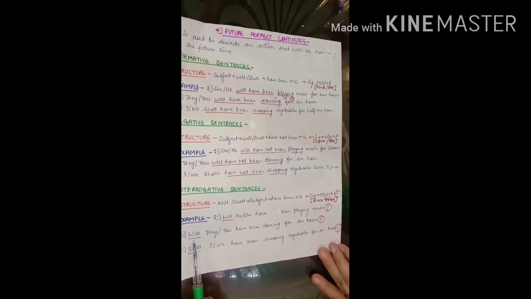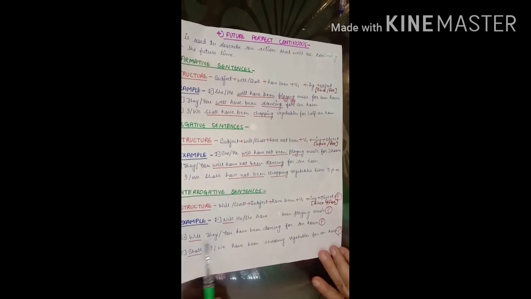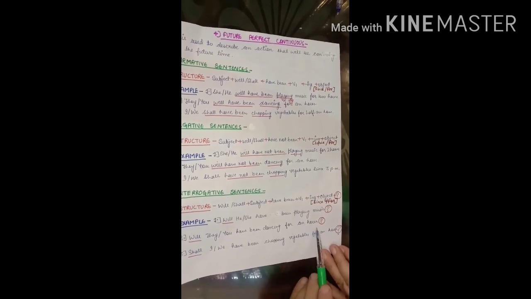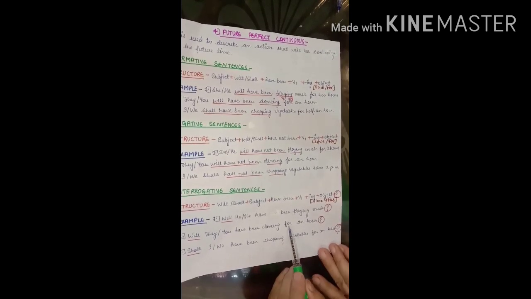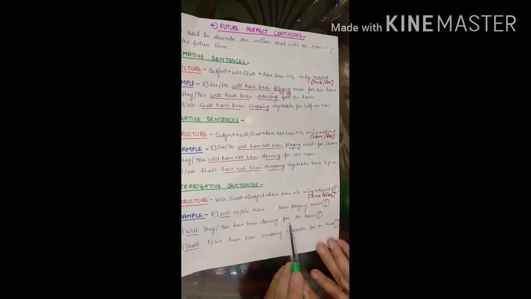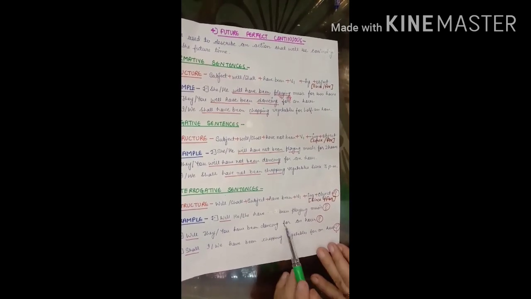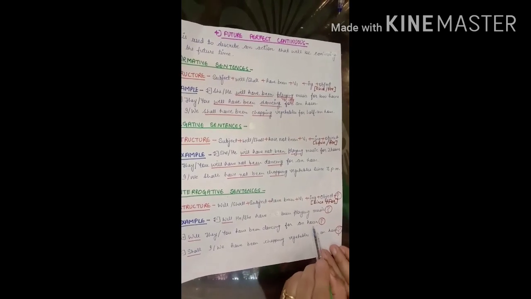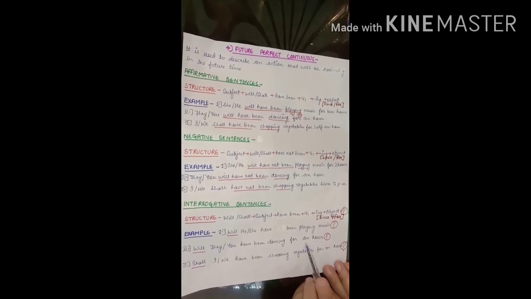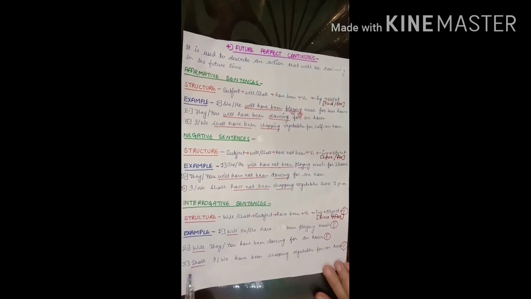Second example, will they or you, plural subjects, will they have been dancing for an hour? Time period given. Will you have been dancing for an hour? Equally, it can be, if we remove this for an hour, we will use since 3 p.m., since 4 p.m., like that.